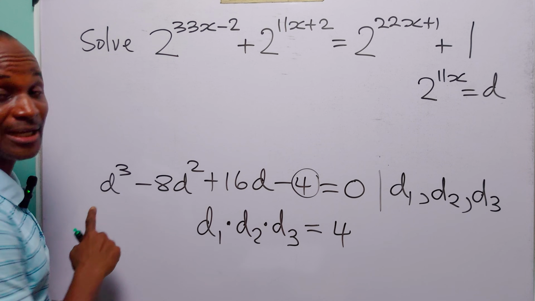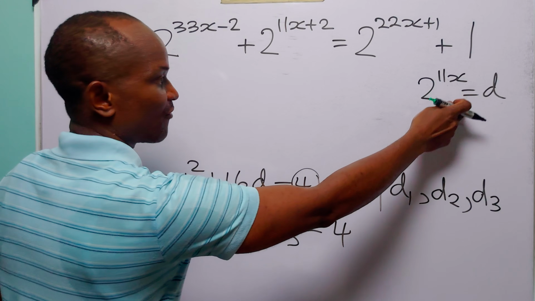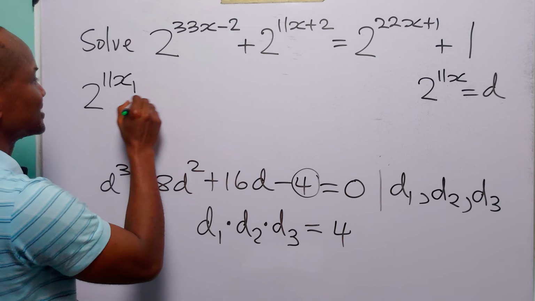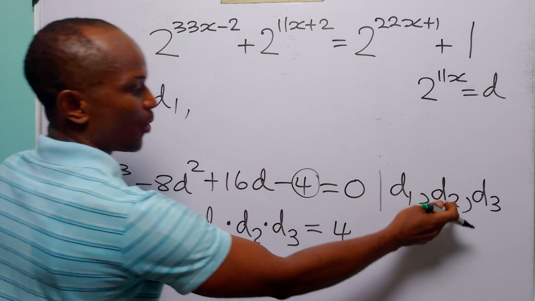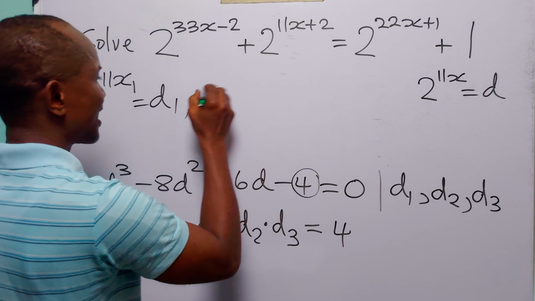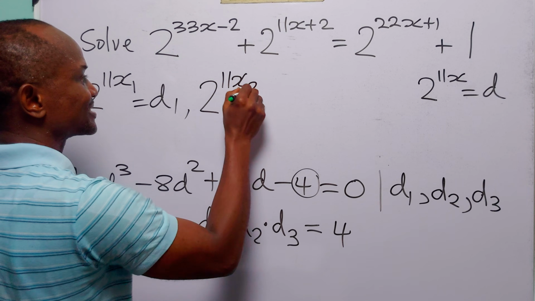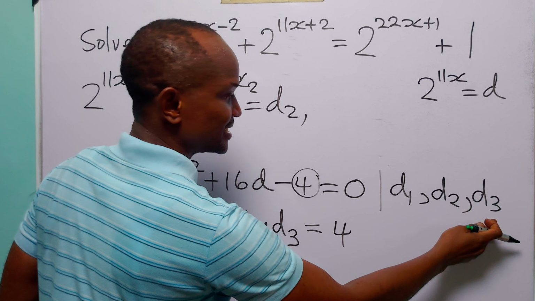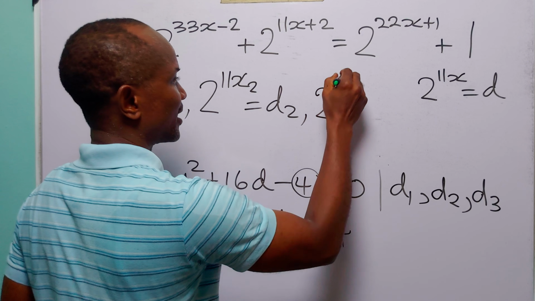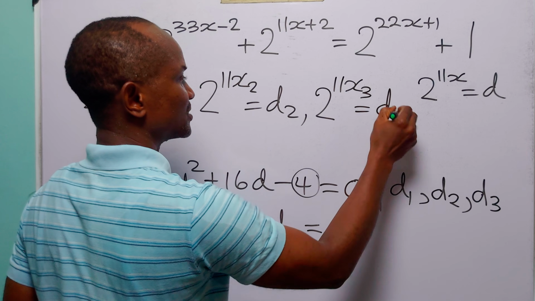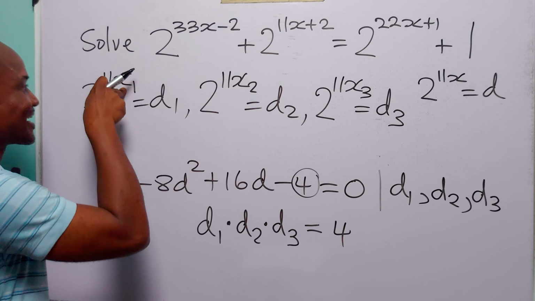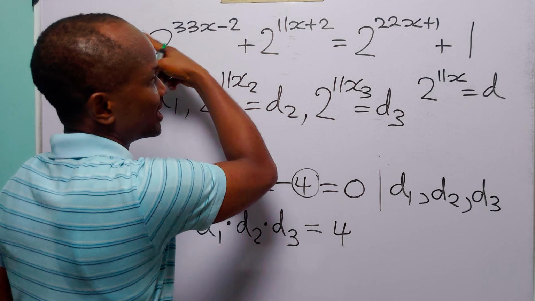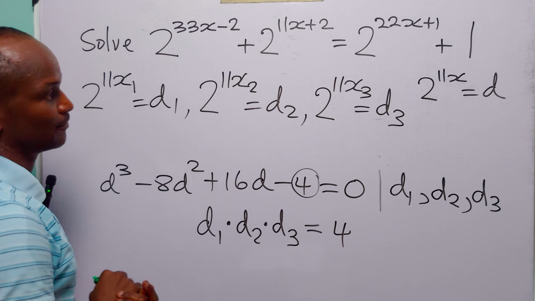When the root of this cubic equation is d1, then from here we have 2 to the power 11x1 is equal to d1. When the root is d2, we have 2 to the power 11x2 is equal to d2. And finally, when the root is d3, we have 2 to the power 11x3 is equal to d3, where x1, x2, and x3 are the roots of this exponential equation.